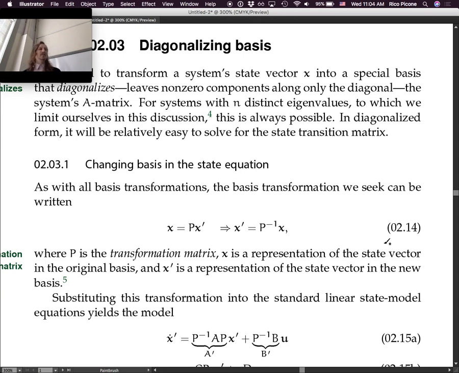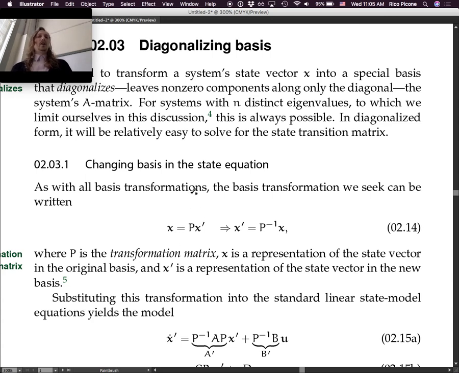So the first thing we have to consider is how to change basis in the state equation at all. We're going to pick a very specific basis in a moment, but we want to first know how to do it at all. As with all basis transformations, the one we seek can be written like so.